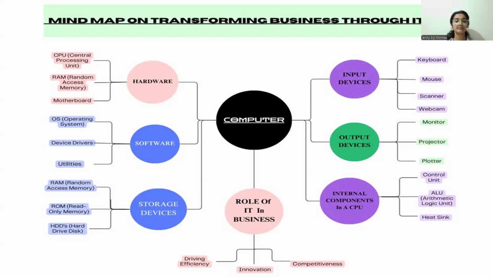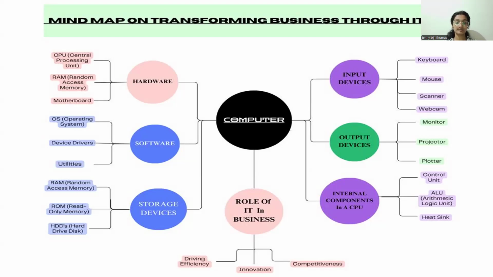Scanner is a computer input device that converts physical documents, images, or objects into a digital format. Webcam is a video camera that connects to a computer, enabling users to capture and transmit video and audio over the internet. Commonly used for video conferencing, live streaming, and webcams can be built into devices like laptops or be external peripherals.